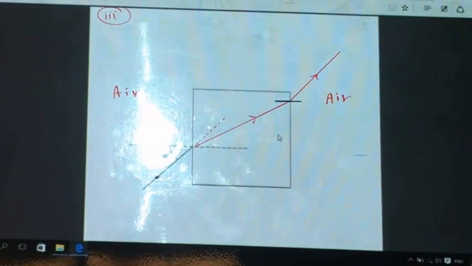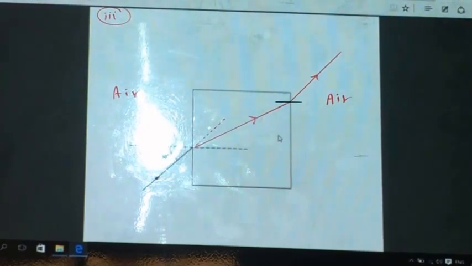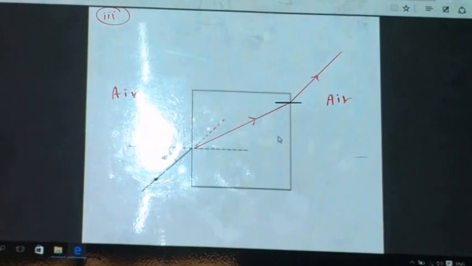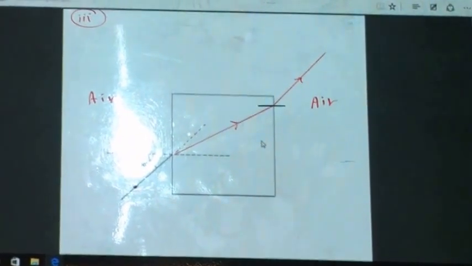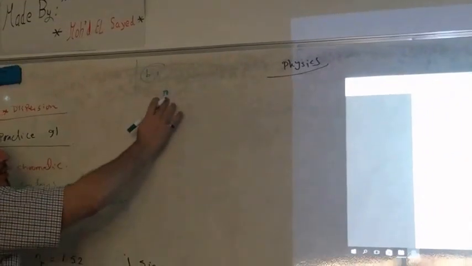Now, who can tell me the rule we will use in this? We want to use the rule. Refractive index equals speed in air over speed in medium. This refractive index is 1.54. I know this is for violet, right? Now we use the speed of light in air over the speed in medium.